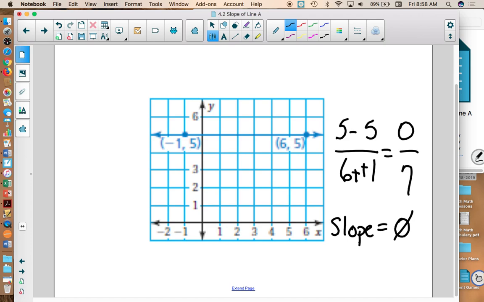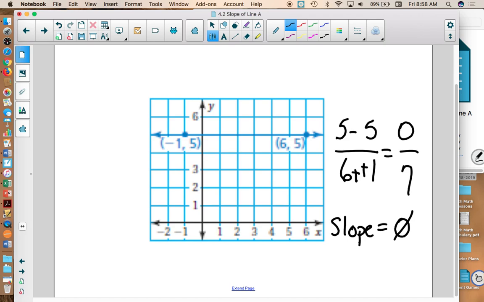And I'm pointing this out specifically because what happens if that denominator is 0? What would we call it if the denominator was 0? If I had 7 out of nothing, we'd call that undefined.